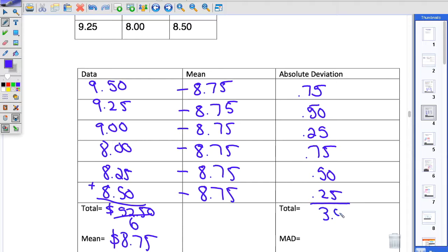Add it up, you get $3, we divide by 6, that gives us our mean absolute deviation of 50 cents.